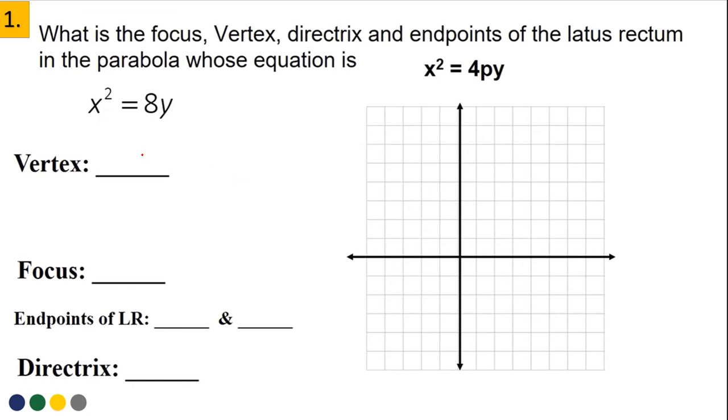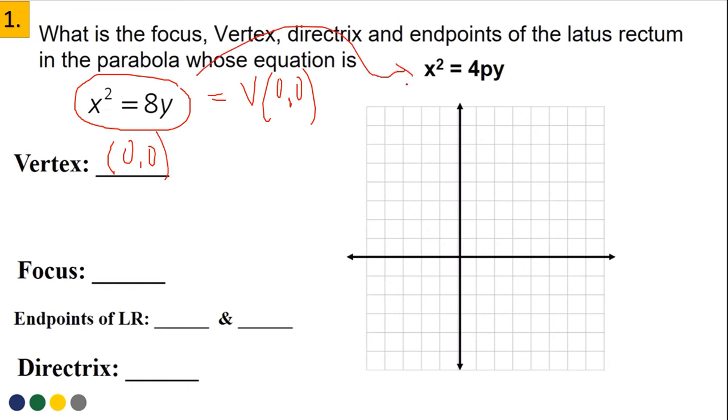We have x squared is equal to 8y. This is the question. Let's get the vertex first. Since it is only x squared and 8y, the vertex is at (0, 0). Sir, how did you say the vertex is (0, 0)? Because it is just x squared is equal to 8y. It doesn't use h and k, so we can easily identify the vertex.